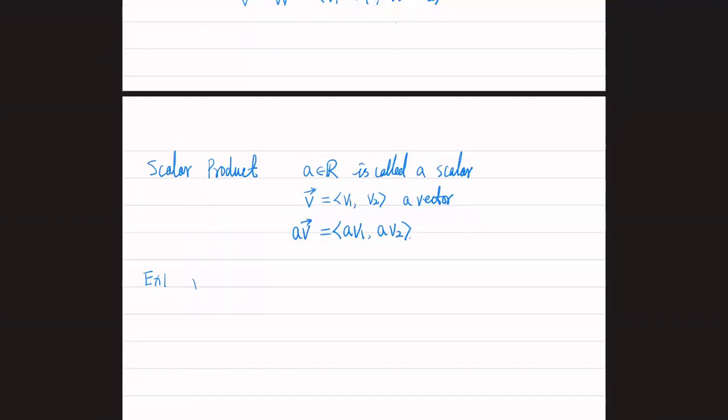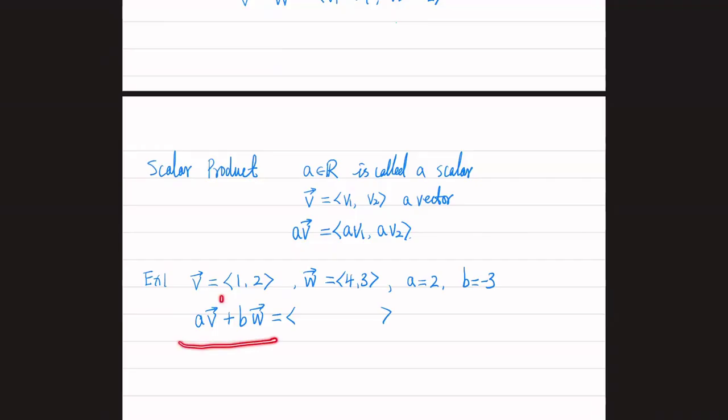Suppose V equals (1, 2), W equals (1, 3), A equals 2. Let's find A, B. Coordinates of the scalar product, then vector addition.